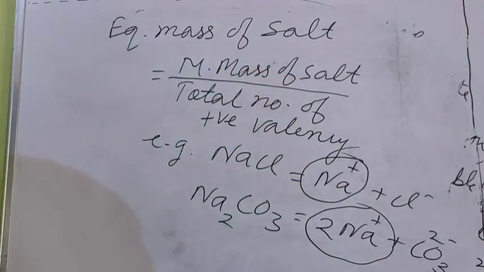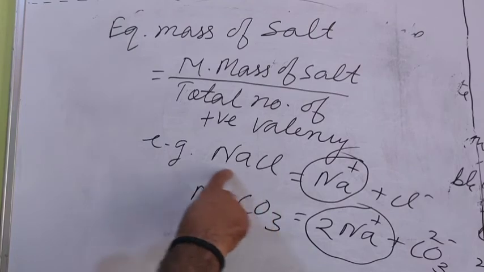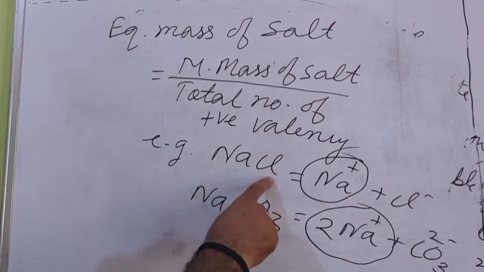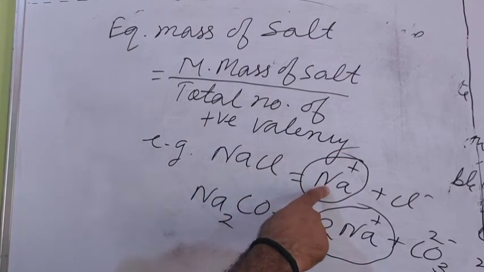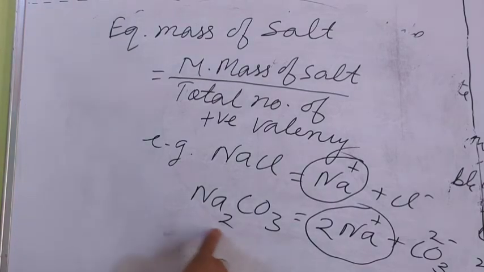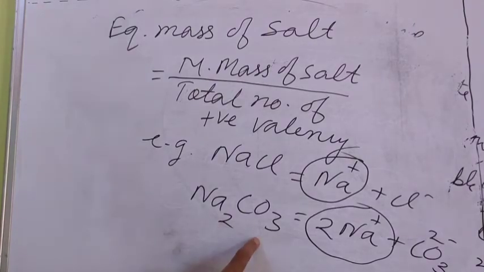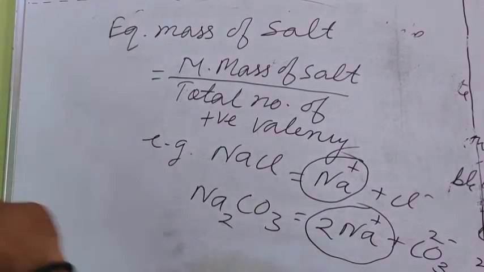So here you can also use formula mass of the salt upon total number of positive valency. Molecular mass of NaCl is 58.5, divided by 1. The molecular mass of sodium carbonate is 106, which is divided by 2 because the positive valency is 2.